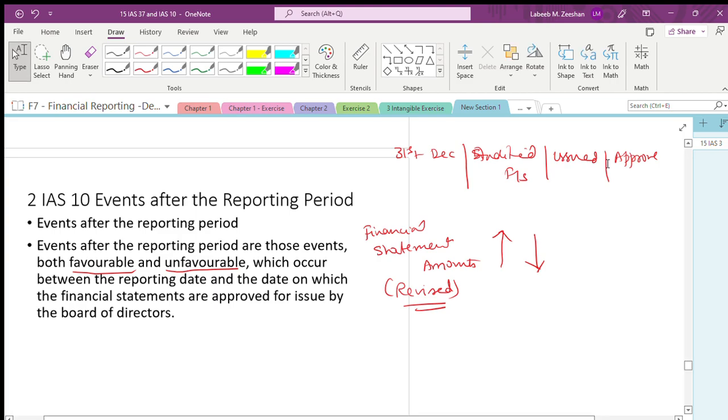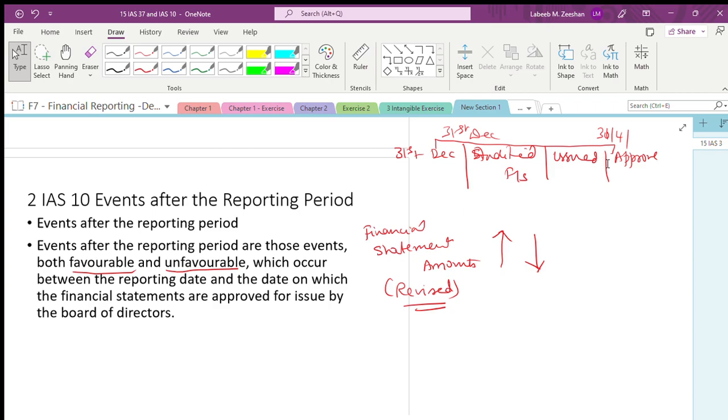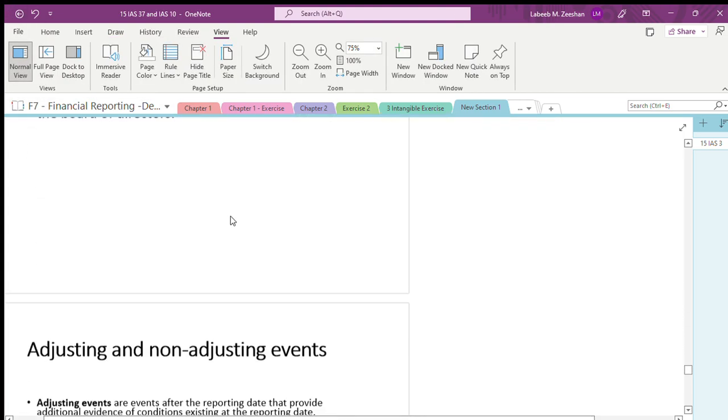There is a scope. Most likely, this will start with 31st December and end on 30th of April. Till that time, there is a condition whether we can adjust it or we cannot adjust it.